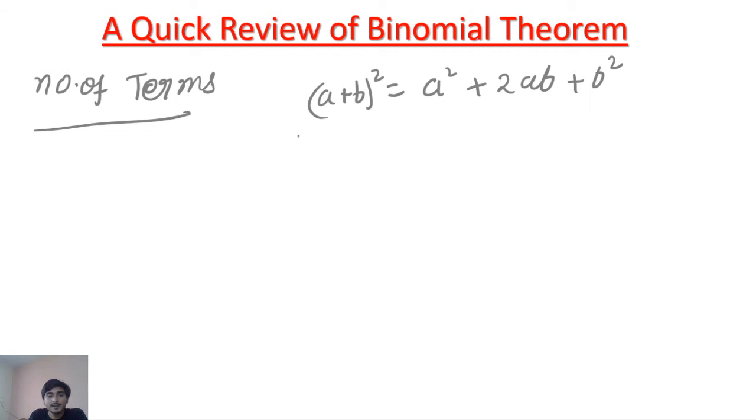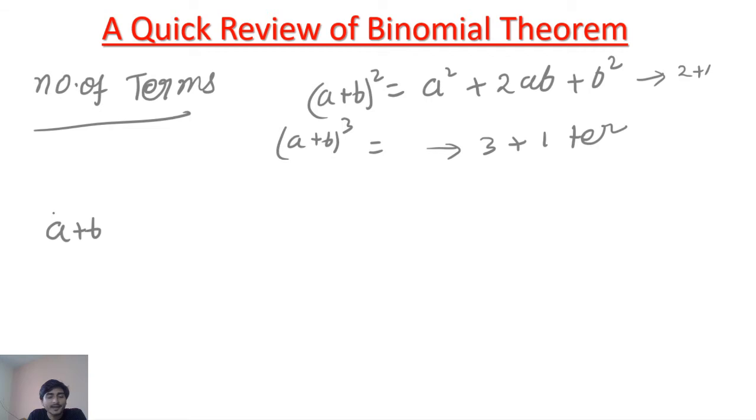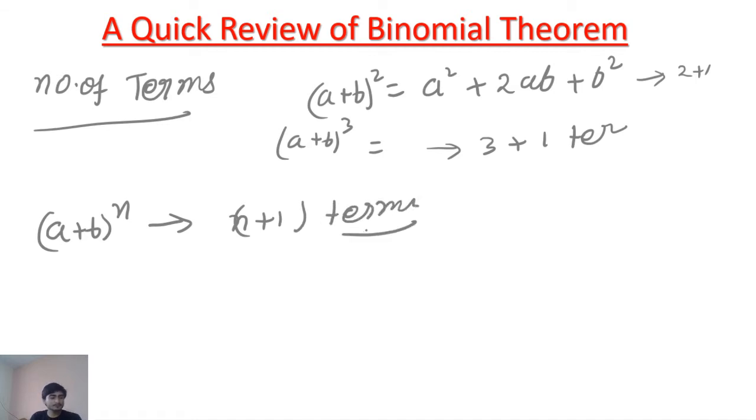The same thing, if you go a plus b whole cube, see here how many terms are there? 2 plus 1 terms, right? In the same way this will be 3 plus 1 terms. So if you have a plus b to power n, the expansion will have how many terms? N plus 1 terms. Is it clear? Hope it is clear with all of you.